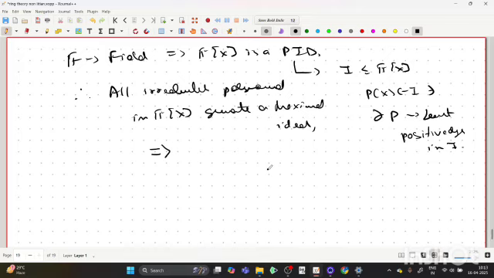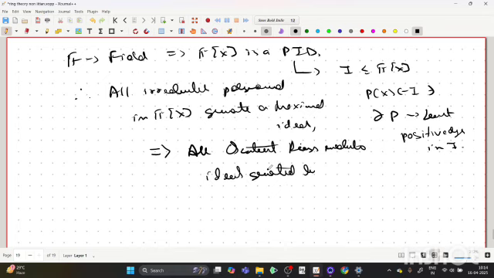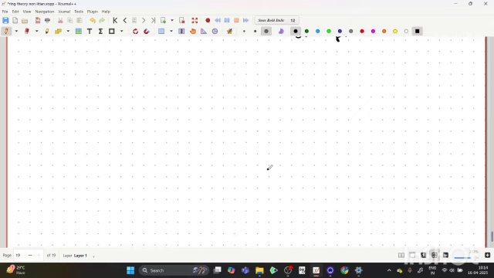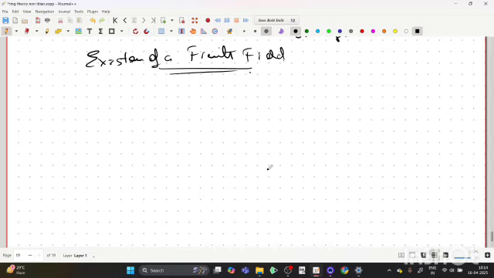So this concludes that all quotient rings modulo ideals generated by irreducible polynomials are fields. And that immediately proves a very important statement, the existence of a finite field, which we had seen previously. That is the following: if I choose the ring of integers Z, we know that Z is a principal ideal domain, right?